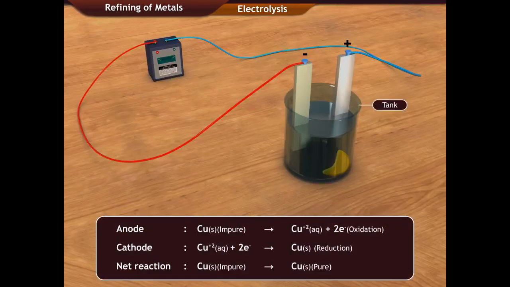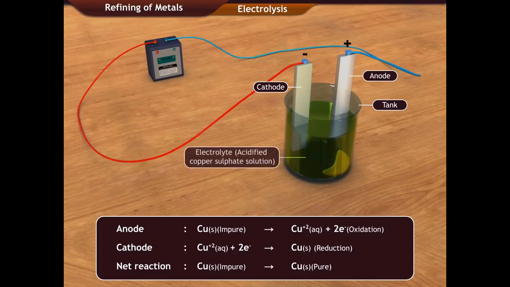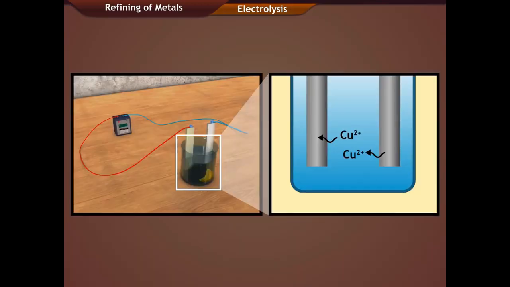For refining of an impure metal by electrolysis, a thick block of impure metal is made the anode and a thin strip of pure metal is made the cathode. A water-soluble salt is taken as electrolyte. On passing current through the electrolyte, the impure metal from the anode dissolves into the electrolyte.